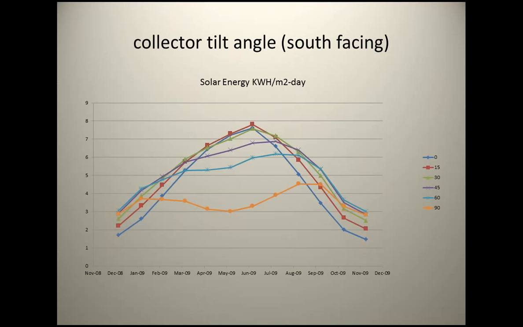You could mount, say, a tube collector on a 90-degree wall, and that would be this orange line here. The difference between the two seasons is the amount of clouds you get between the spring and the fall. This data comes from PVWatts, which is a very useful way of understanding how much energy you get from the sun.